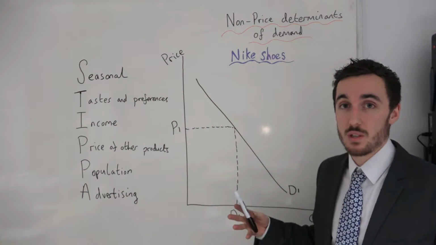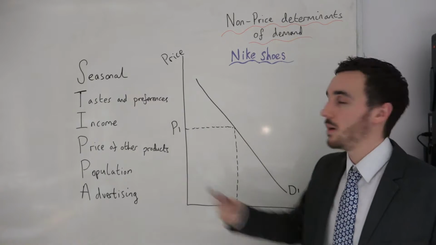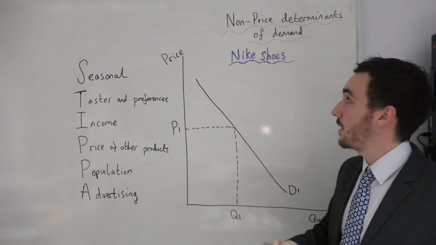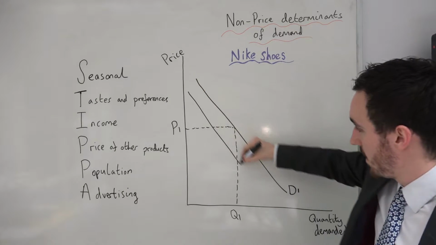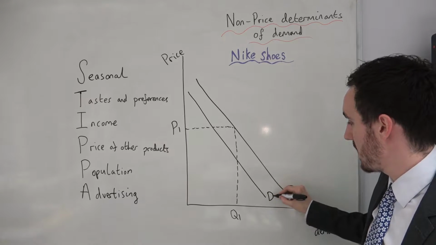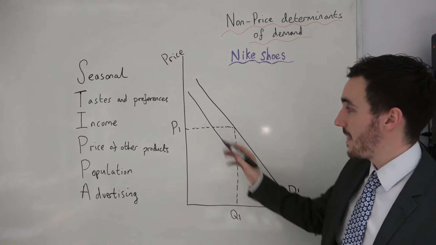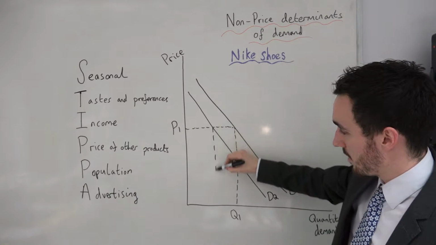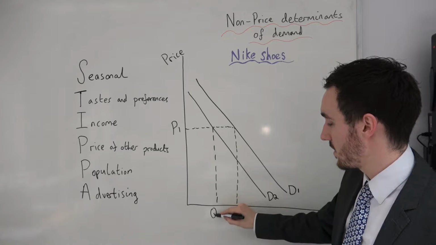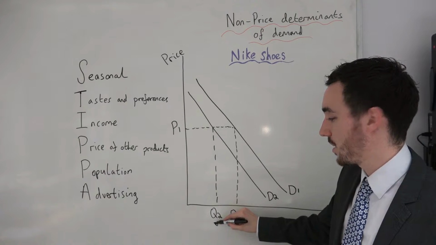So for no other reason than the seasons have changed, we've gone from winter to summer, the demand curve for Nike shoes may shift to the left. Then at the same price level as before, we now see that the quantity demanded has gone down from Q1 to Q2.